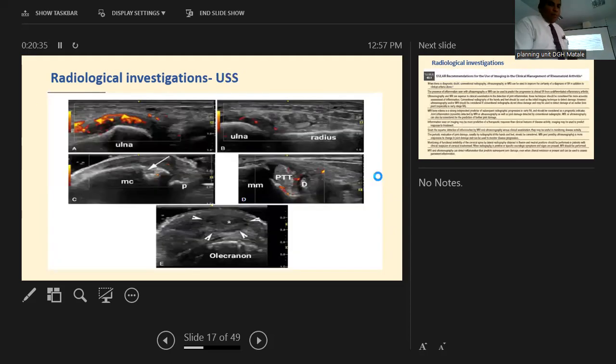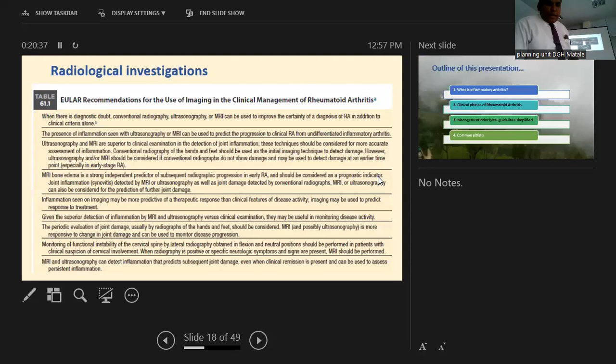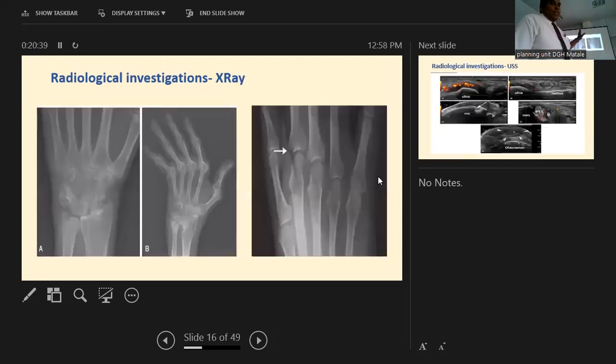On the other hand, this is a typical X-ray finding we see in rheumatoid arthritis, where there would be carpal crowding with carpal bone erosions, and also you would see MCP erosions here, and this is the typical site of rheumatoid erosions.